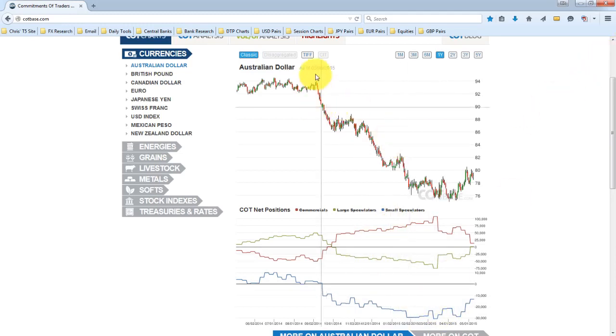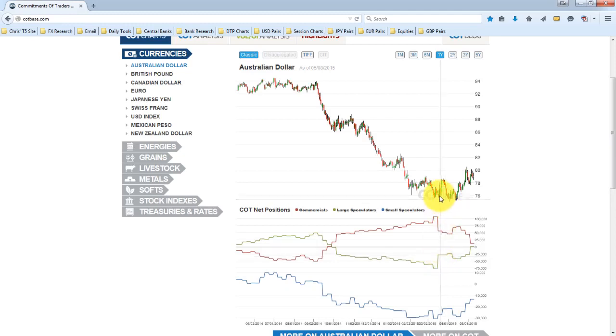Now you'll notice right here after price had a nice big run down, we had a real extreme between the commercials and the large speculators. Okay, right before those positions started to unwind a bit, and we saw price start to rally here as the large speculators started to get less net short on the Australian dollar, I should say.